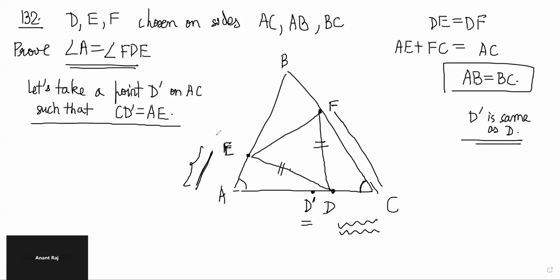I'm going to assume another point D dash for which, by assumption, CD dash is equal to AE. Then we know that AD dash would be equal to FC.